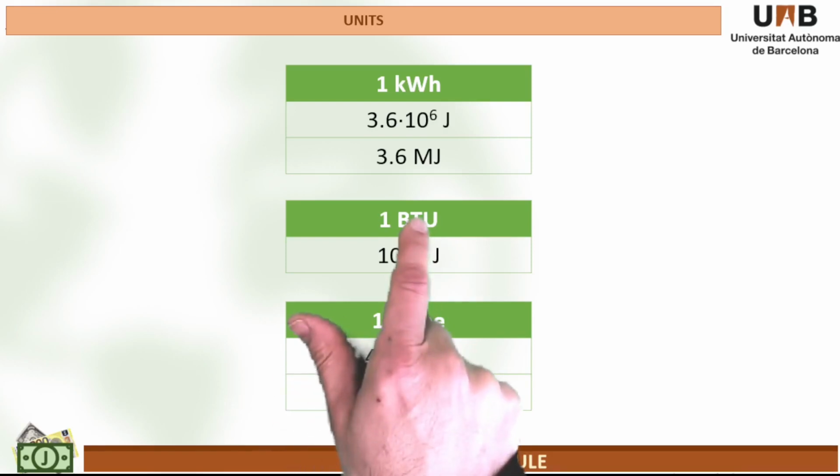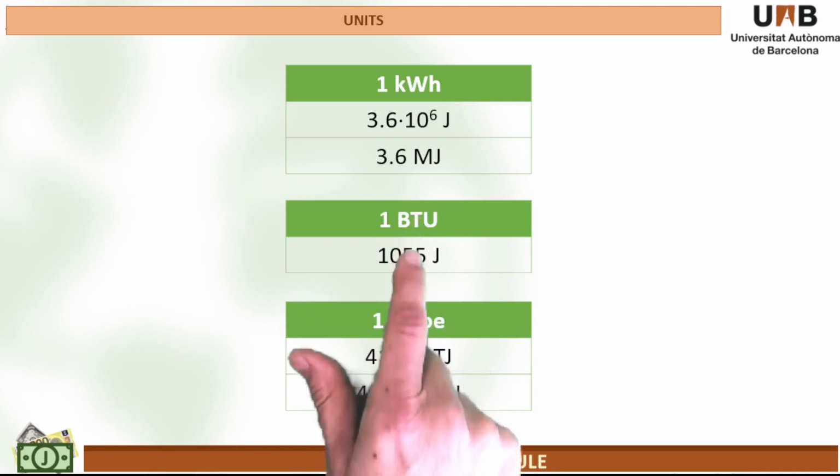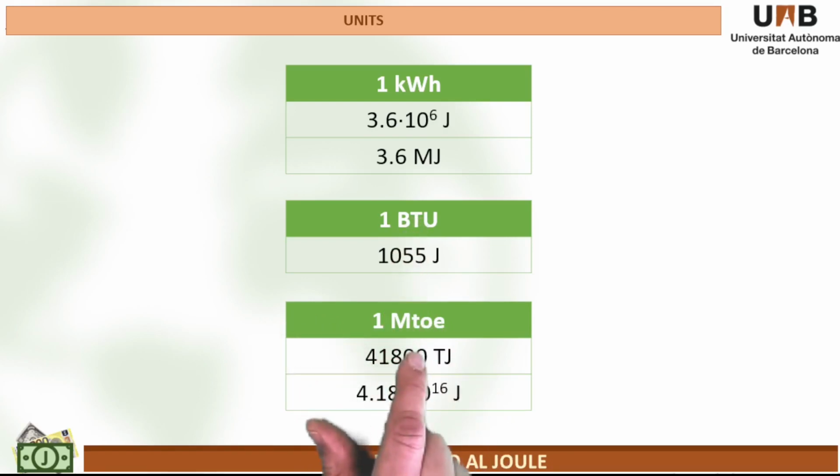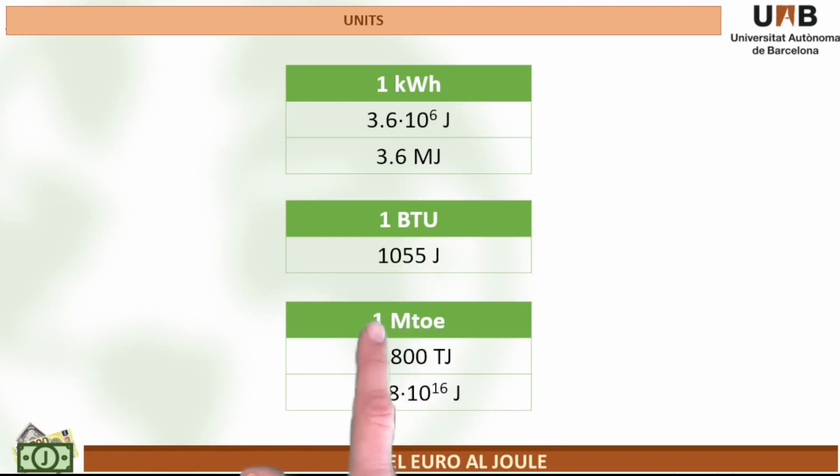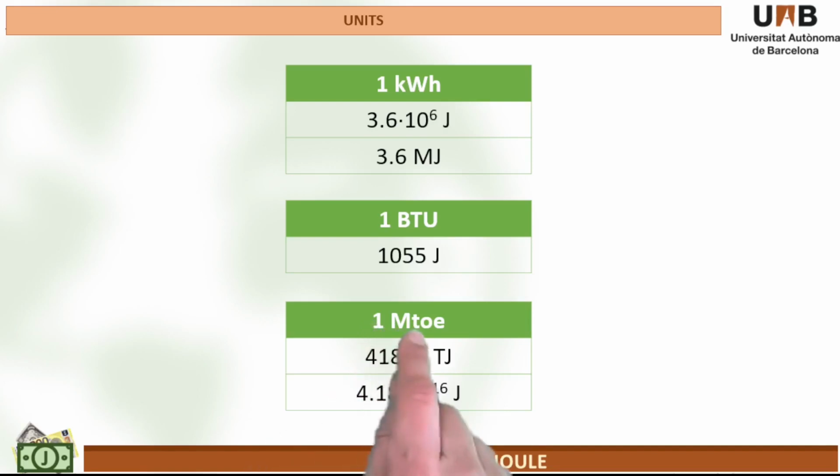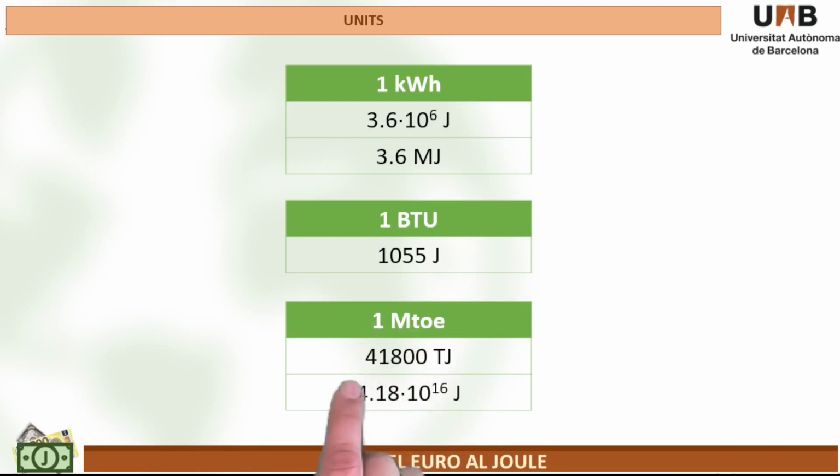This is for historical reasons, and this one because as we mainly get the energy from burning oil, another way to express the energy is to say how much oil we have to burn to get the same energy, and when we burn 1 million tons of oil, we get the energy of 41,000 terajoule.